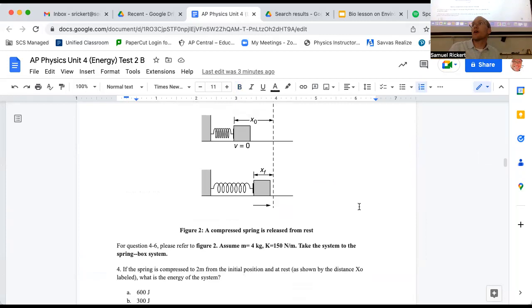We just plug into our equation, 1/2 kx squared. So what is our compression in the initial position? How much did we move? Not a trick question. What was our initial compression, Alice? Yeah, just 2 meters, right?